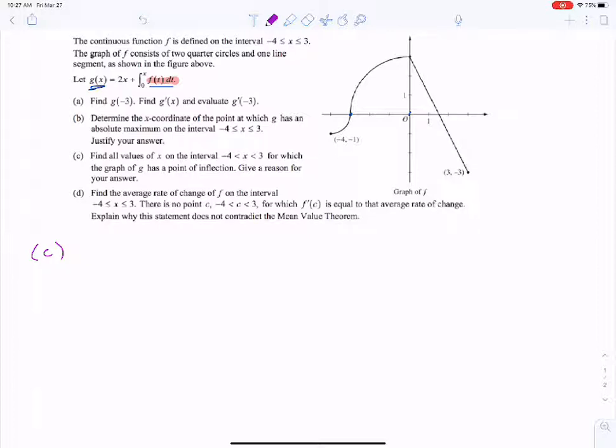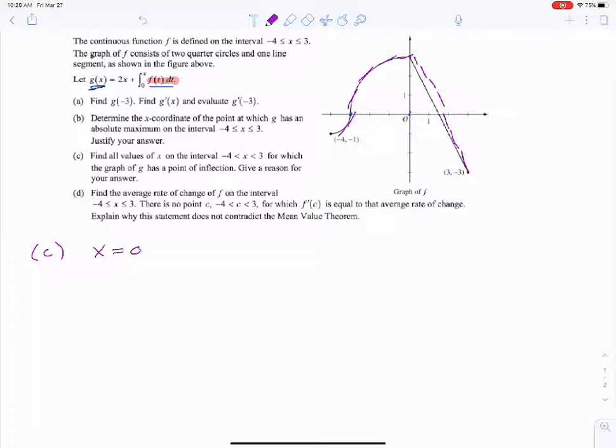So let's look at the slopes of our tangent lines. I think you'd agree, just visually, all my slopes of tangent lines all the way up to x equals 0 are positive, and then at x equals 0, all the slopes to the right of that are negative. So in other words, we have one point of inflection.